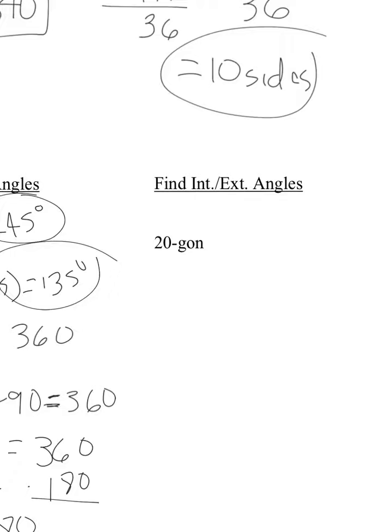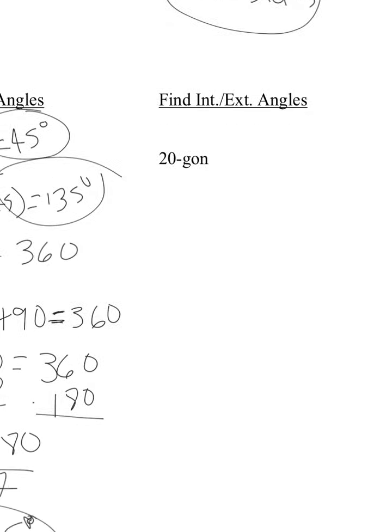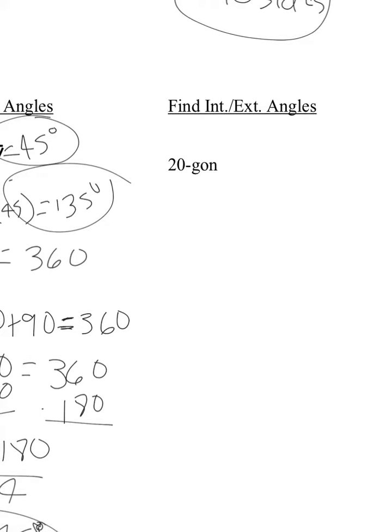Now, if you were asked to find the interior and exterior angle of a regular polygon that had 20 sides, what would I do? Find the interiors first. You could. How would you do that? Minus 2 times 180.